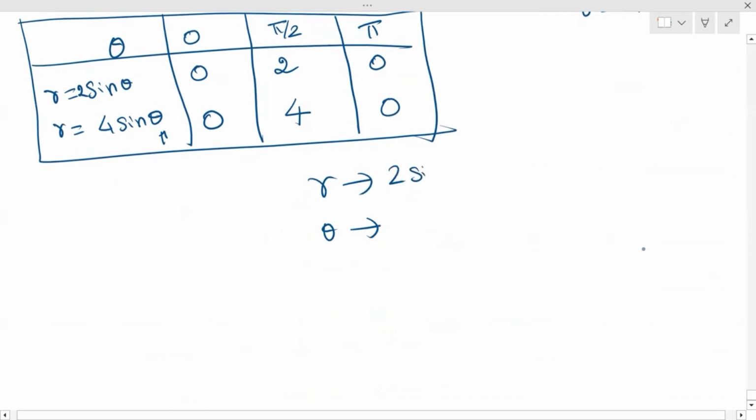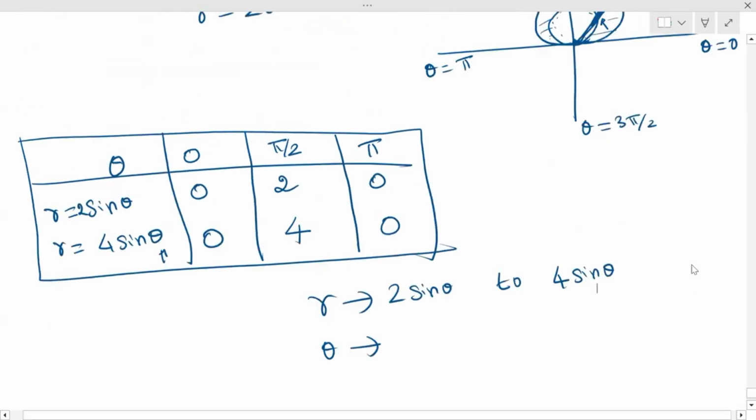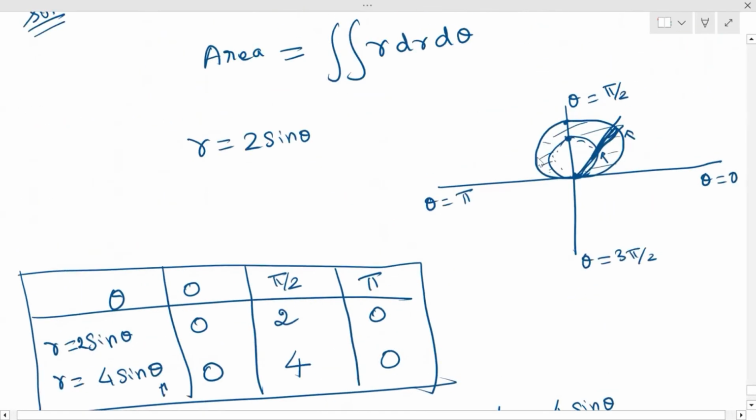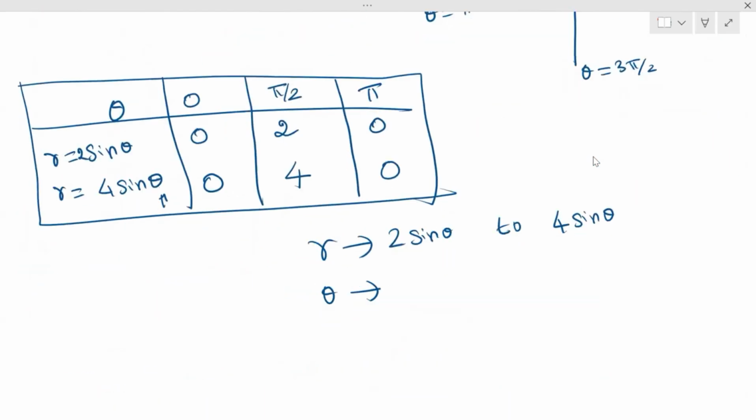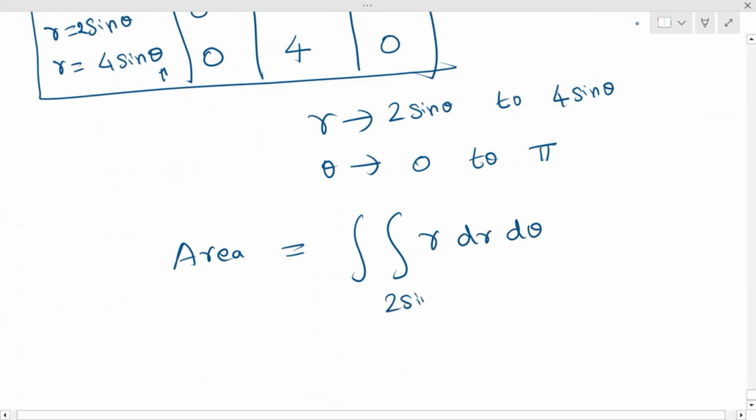So r varies from 2 sin theta to 4 sin theta. And what about theta? Our circle lies in the first and second quadrant, so theta varies from 0 to pi. So area equal to double integral r into dr d theta, r varies from 2 sin theta to 4 sin theta, and theta varies from 0 to pi.